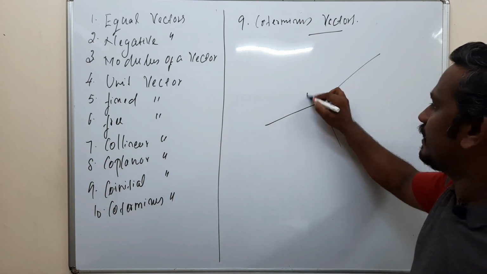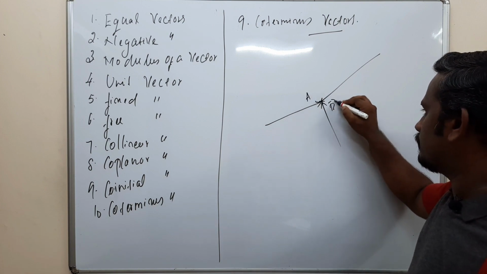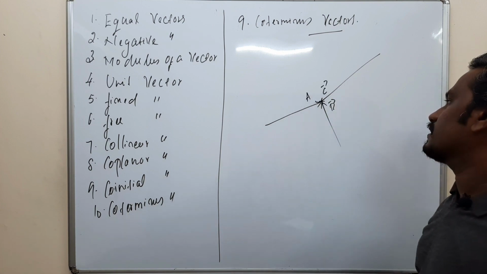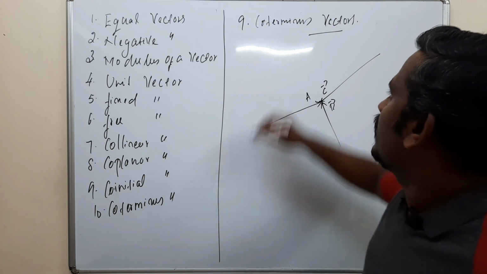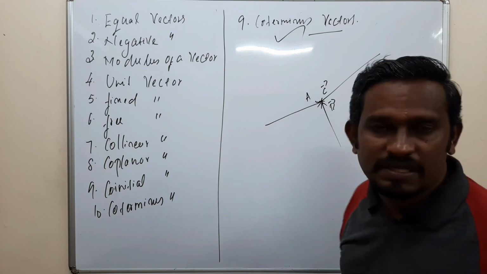So this is A vector, this is B vector and this is C vector. The terminal point of the vectors is the same, so they are called coterminous vectors.